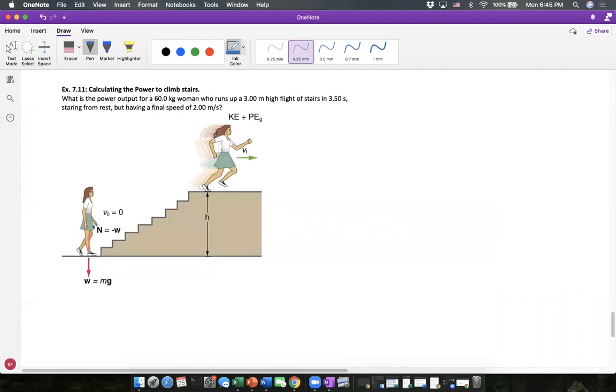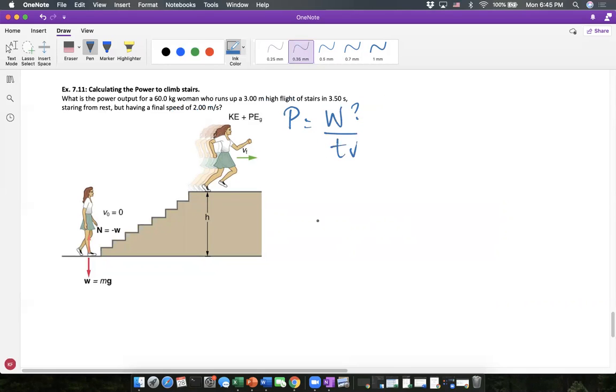She starts from rest, but she has a final speed of 2 meters per second. First things first, we don't know what her work is, and we need that in order to solve for her power, because power equals work over time. We have time, but we don't have our work, so we have to solve for that first.